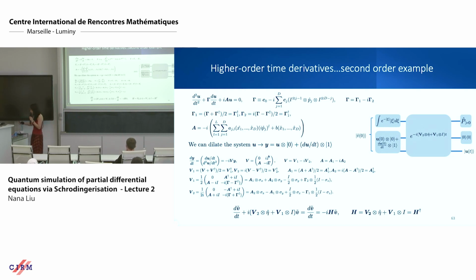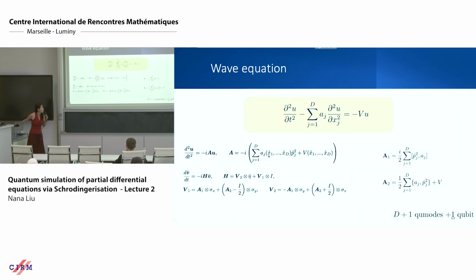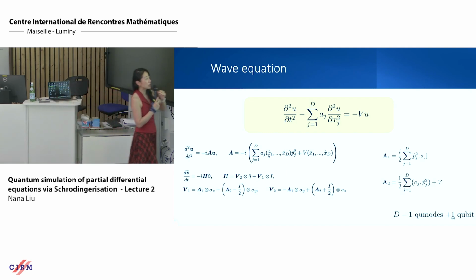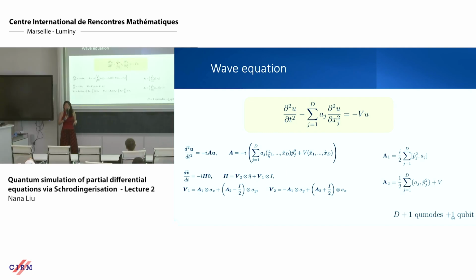And then I have an example with a simple wave equation. So we have now the speed here, that's related to A. And now we see that the Hamiltonian had this form like V2 tensor product eta hat plus V1 tensor product identity. And we see A1 has this factor like P squared, tensor now. And here, whenever you see these Paulis, it's suggesting it will be good to have what we call a hybrid qumode-qubit system.